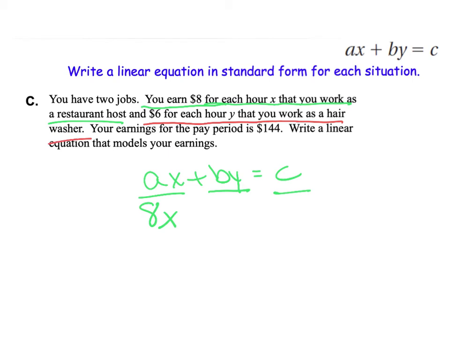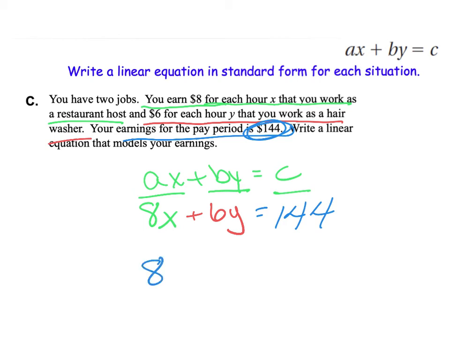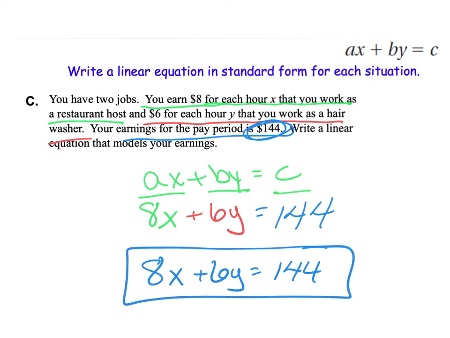So there's job 2. Your earnings for the pay period is $144. That's your total. So your equation, first job as a restaurant host plus your second job as a hair washer equals your total paycheck. Here is your equation.